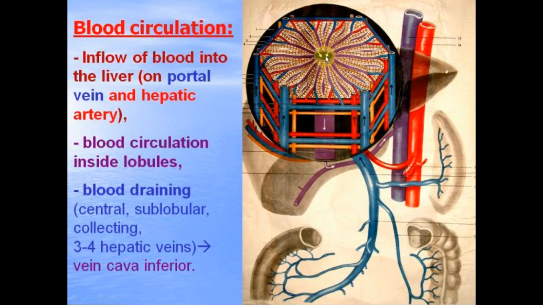Then blood drains into the central vein, sublobular veins, then collecting veins, and then 3-4 hepatic veins which enter the inferior vena cava.